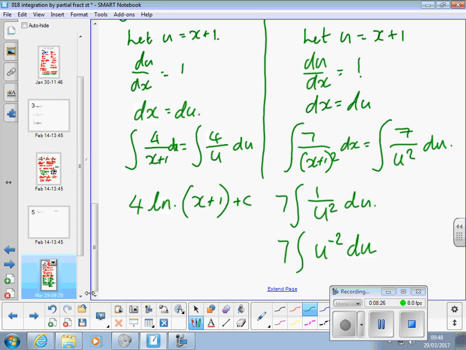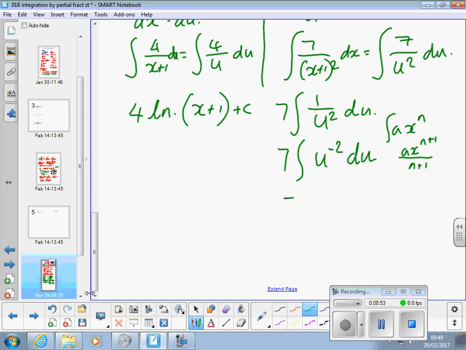We've now got a function that is an x to the n problem, where we know that the integral of that is x to the n plus 1 over n plus 1. So we add 1 to the index and divide by the new index to integrate it.